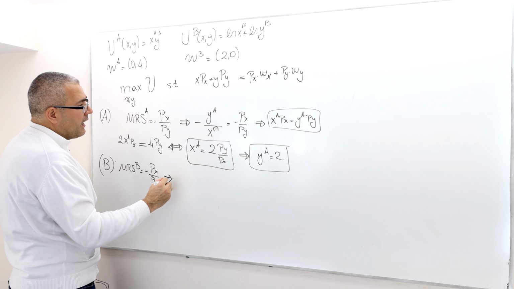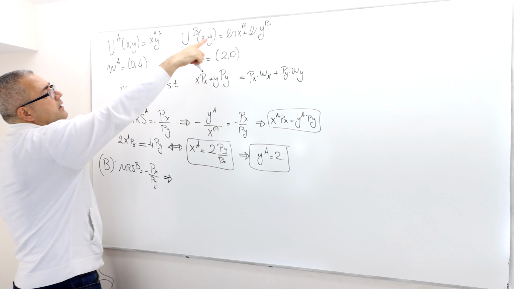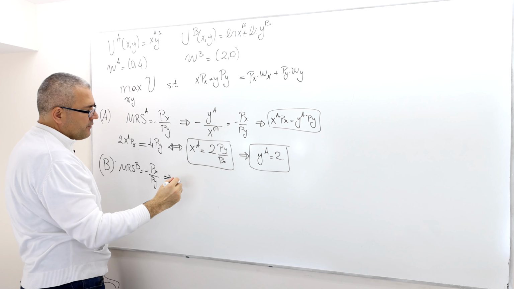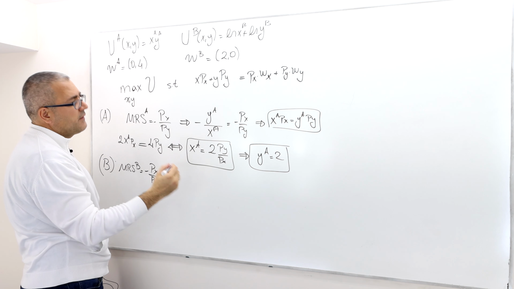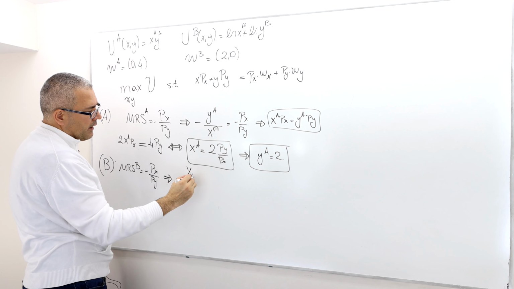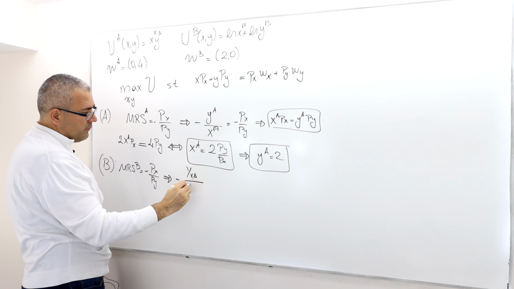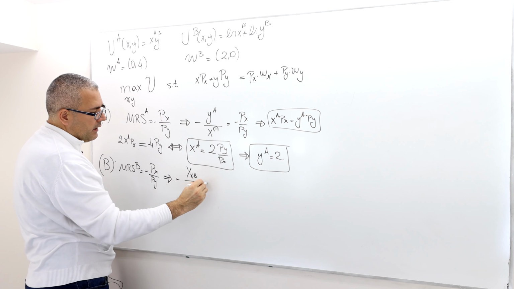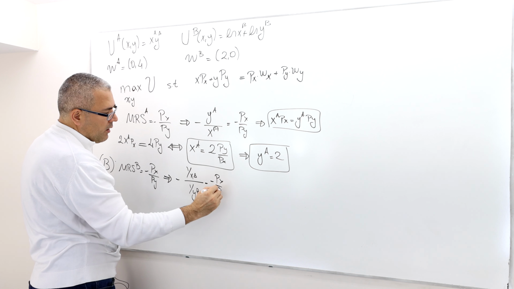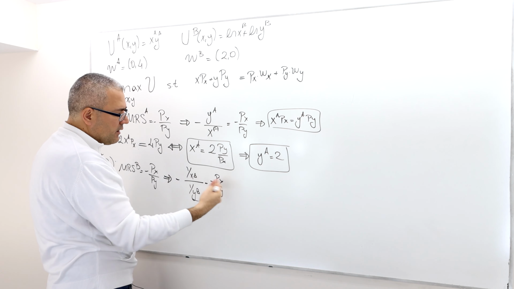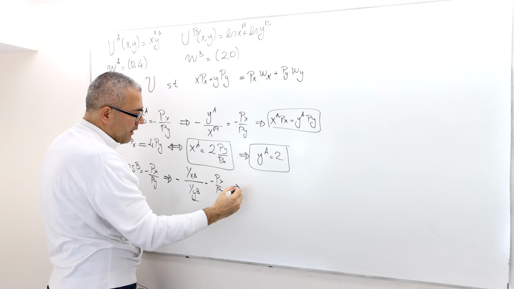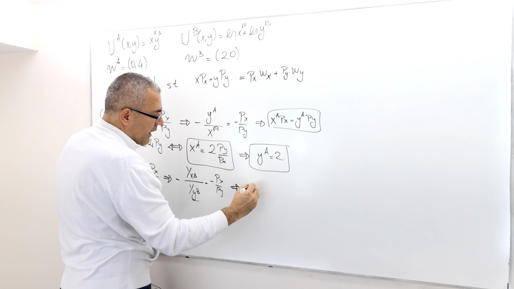That means if you find the marginal rate of substitution of this guy, its derivative with respect to X is 1 over XB, divided by 1 over YB, equals minus PX over PY. So if you do the cross product, this is what you're going to get.